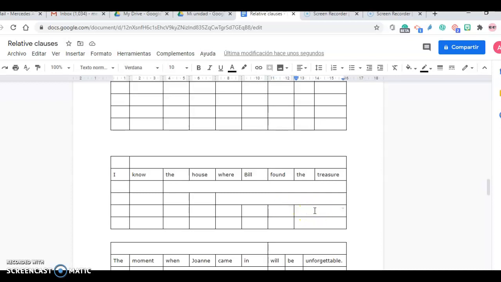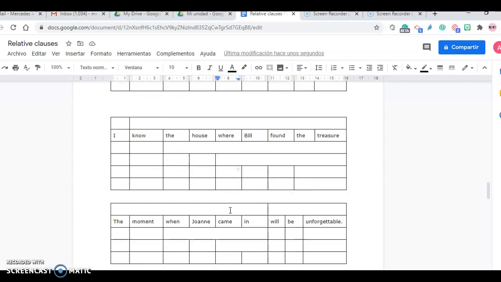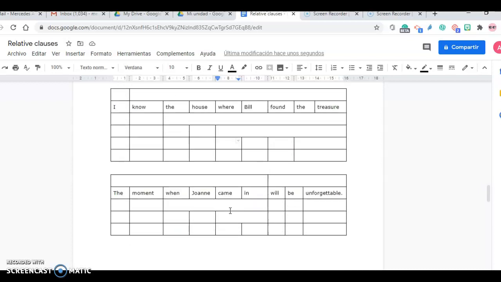The treasure is the direct object, noun phrase. And where is an adverbial adjunct of place, defining relative adverb, because it is replacing a place. So this is the analysis of this sentence. Let's go to the next one.